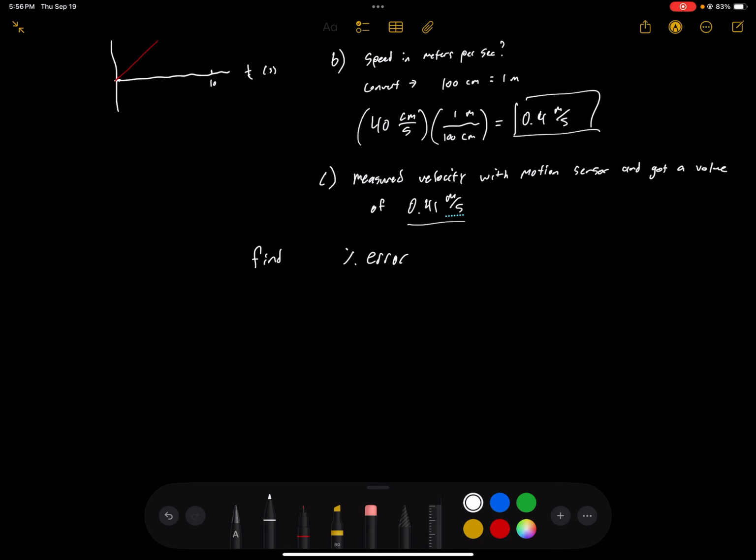In order to do the percent error, you have your experimental value and you have your theoretical value. The theoretical value is what it should be, and the experimental value is what you got from the experiment.